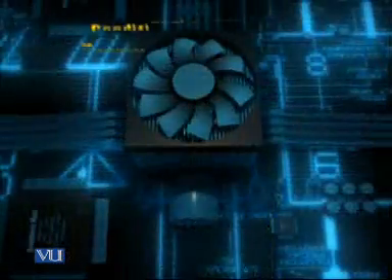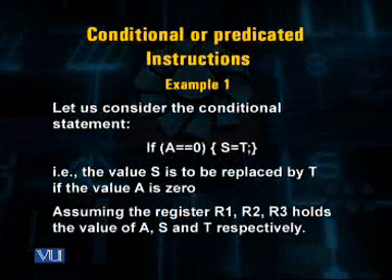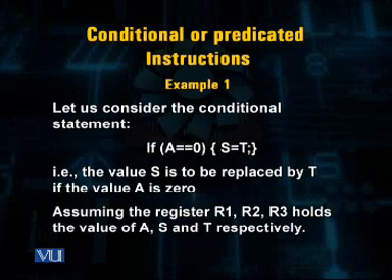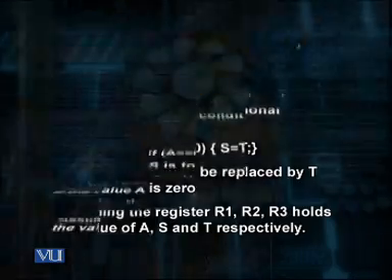Here, in order to implement this statement in a coded form, we may assume that the register R1 holds the value of A, register R2 holds the value of S, and register R3 holds the value of T.